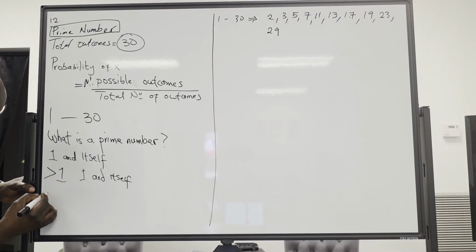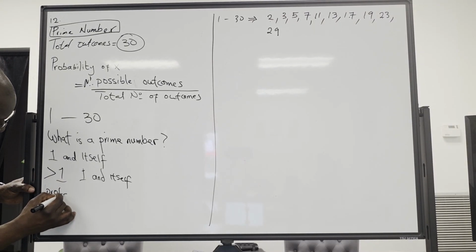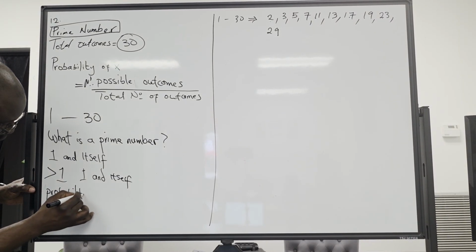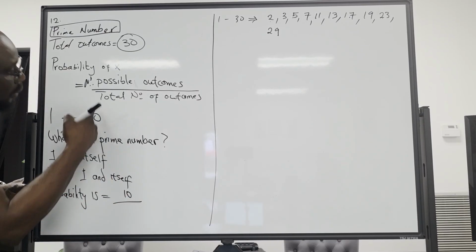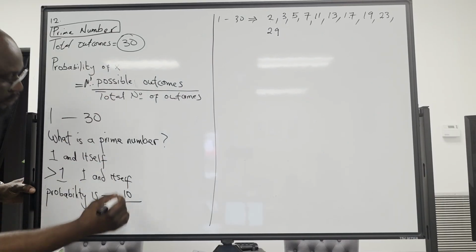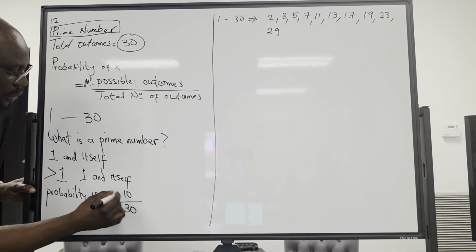So therefore, our probability is 10 over the total number of outcomes, which is 30, so 10 over 30. That's your answer.